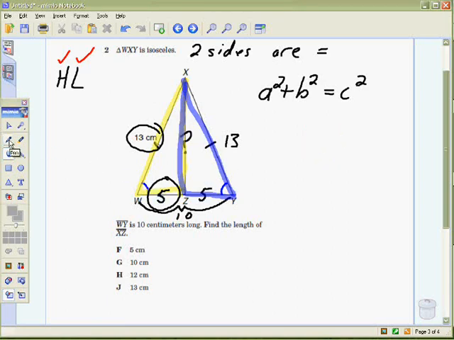Another way you could determine those two missing pieces is since our base angles are congruent here and here, and this is 90 degrees here and here, then I could use the angle, angle, side theorem to prove the two triangles congruent. And if the two triangles are congruent, then the corresponding parts, this side and this side, are also congruent.